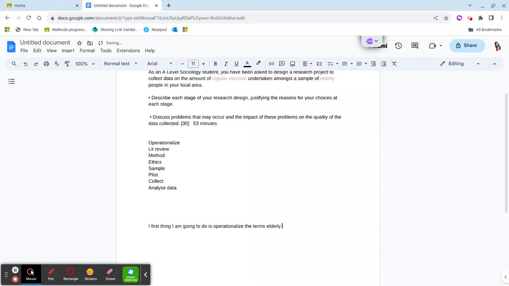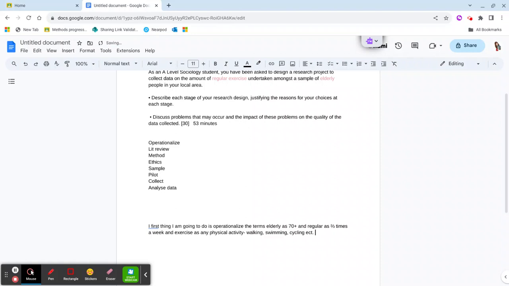First thing I'm going to do is operationalize the term elderly as 70 plus, and regular exercise, and do regular as 2 to 3 times a week, and exercise as any physical activity. So walking, swimming, cycling, etc.